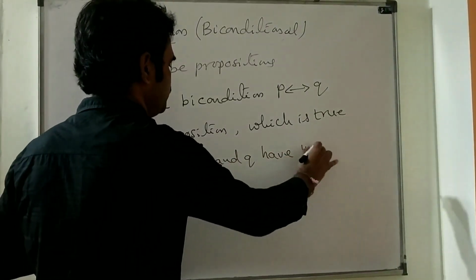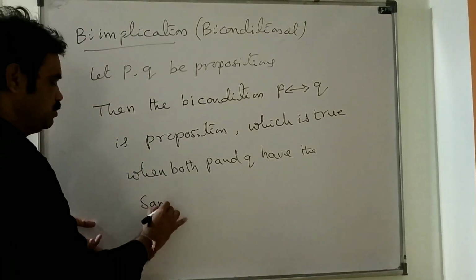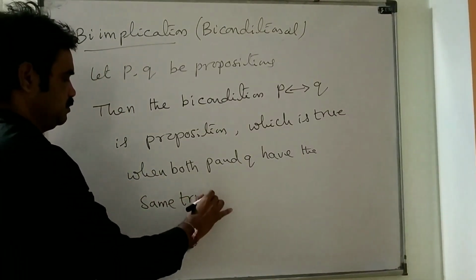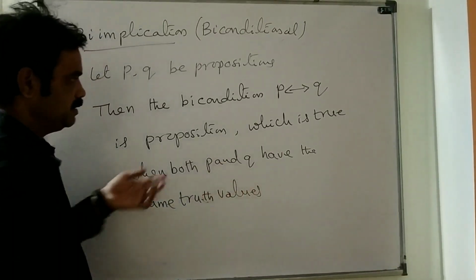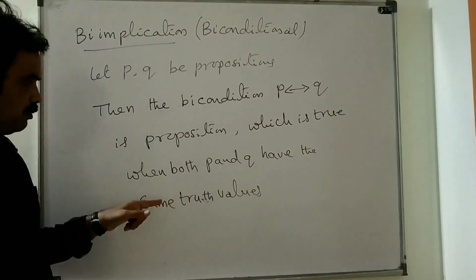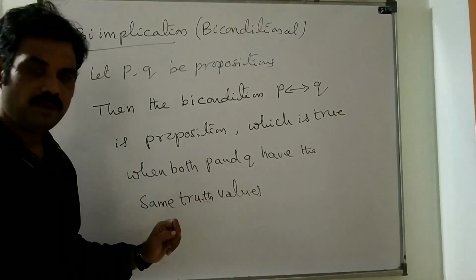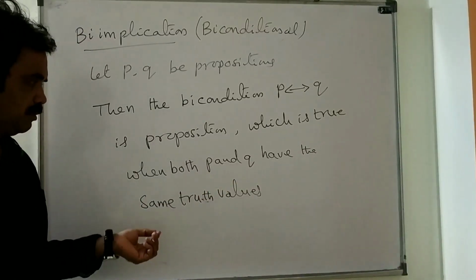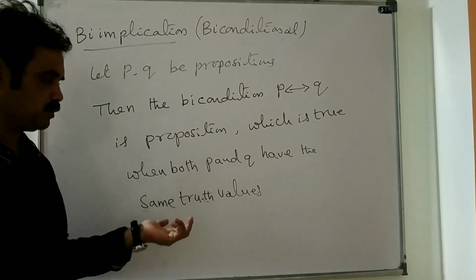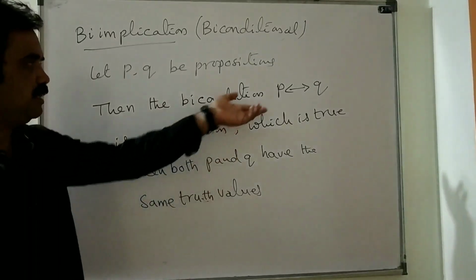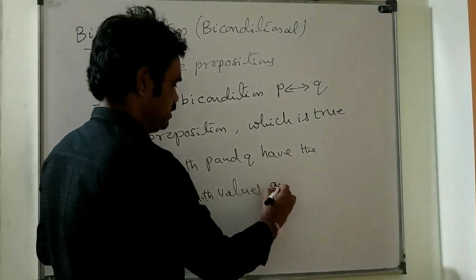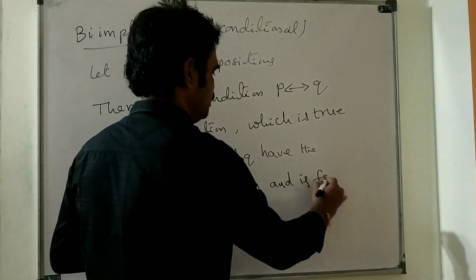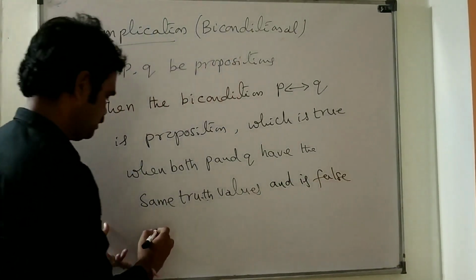This bi-implication is true only when both P and Q have the same truth values. That means both are true or both are false. Then only the biconditional is true. It is false otherwise.